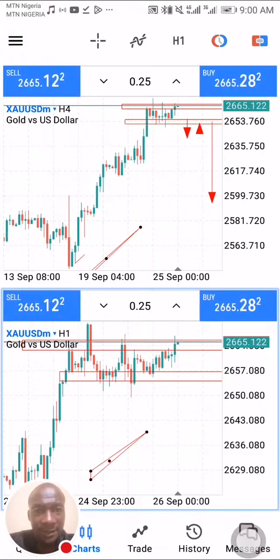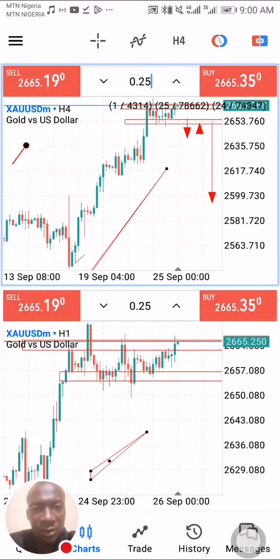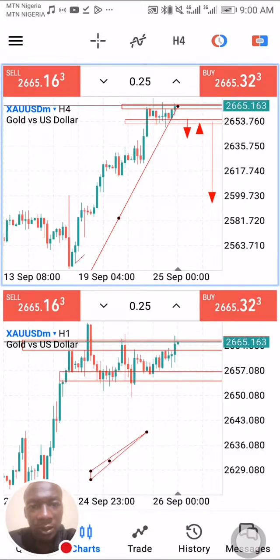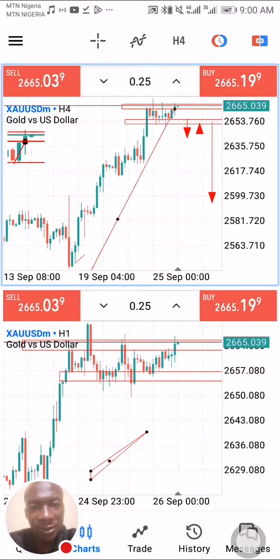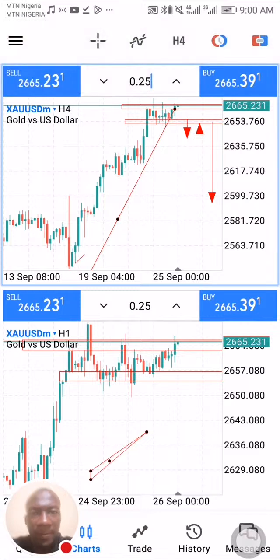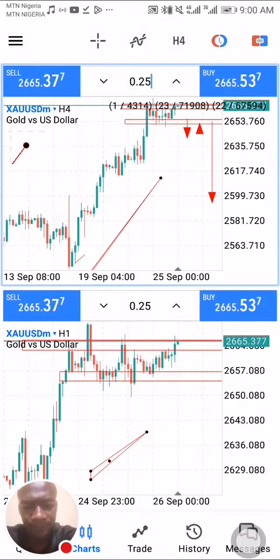So I think that's it. So we currently have that 4-hour candle close, but you can see the range of the candle. The range of the candle is not really encouraging.